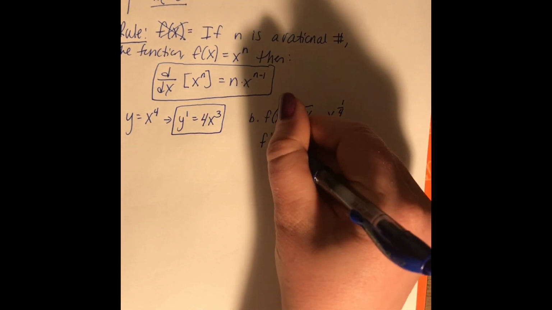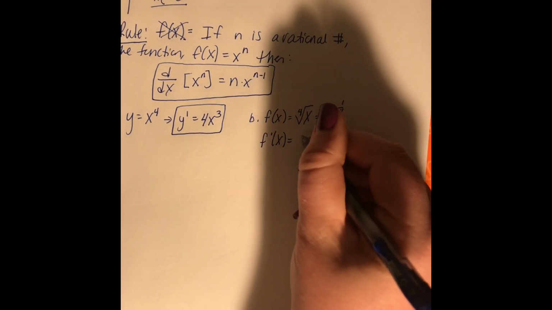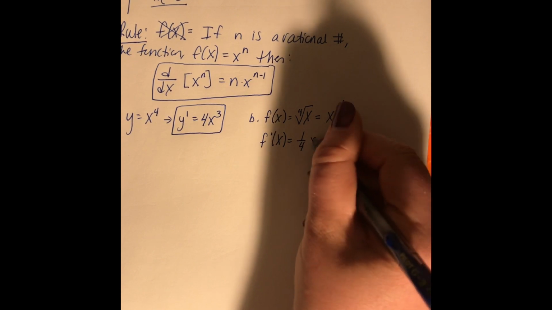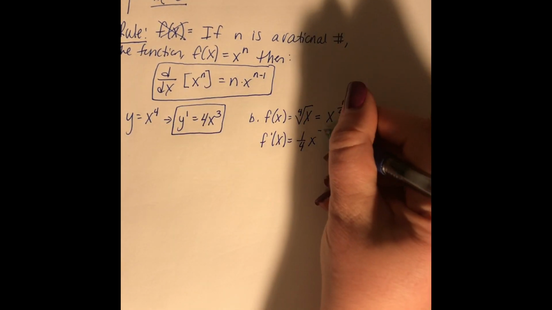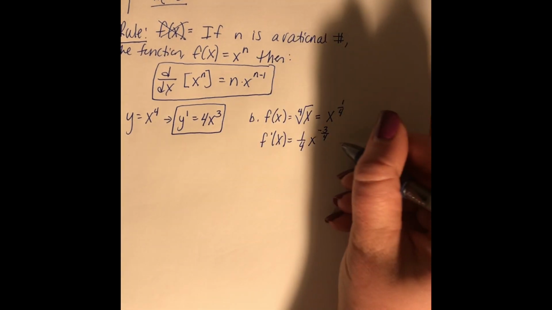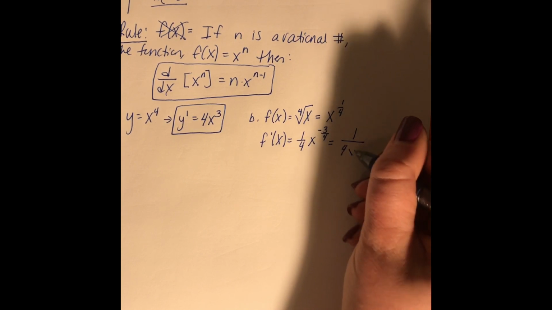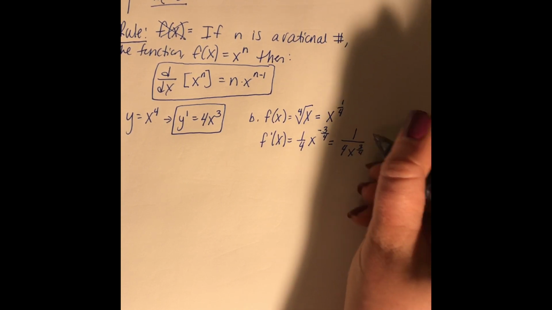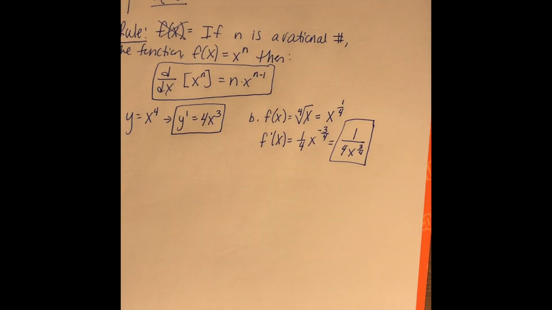So we're going to have f prime of x equal to, take the exponent, kick it out in front, 1/4 x. When we subtract 1 from 1/4, 1/4 minus 4/4, we get negative 3/4. And just remember, it's mathematically, like grammar, incorrect if we leave negative exponents. So we have to move the x to the denominator to make it positive. And there you go. Again, way easier than the limit method.